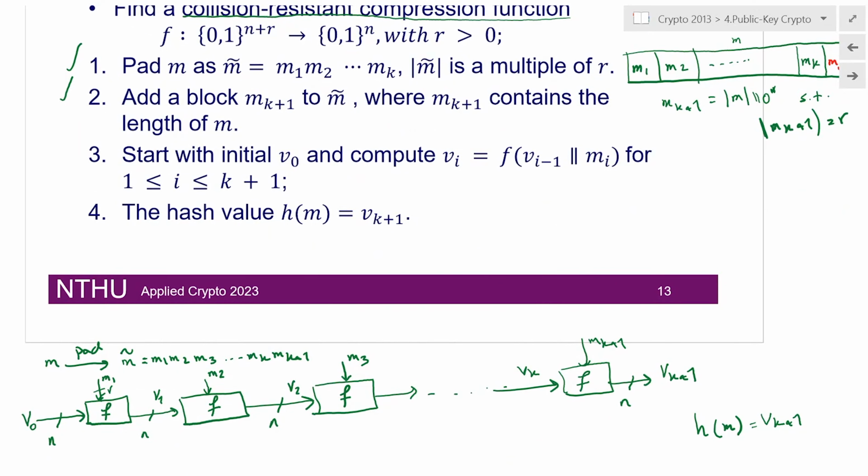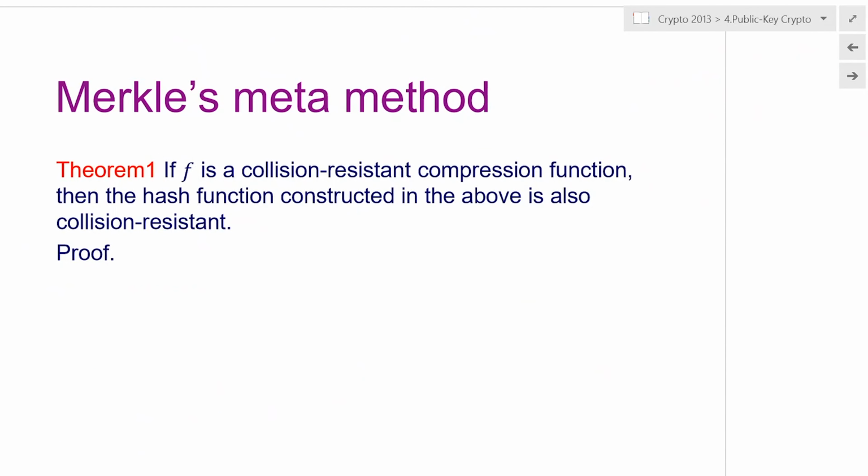Is the hash function going to satisfy collision resistance and second pre-image resistance as well or not? So here is our theorem. Suppose that f, which takes n plus r bits and outputs n bits, is a collision resistant compression function. Then the hash function that is constructed with the above idea is also collision resistant. So we are going to prove it now.